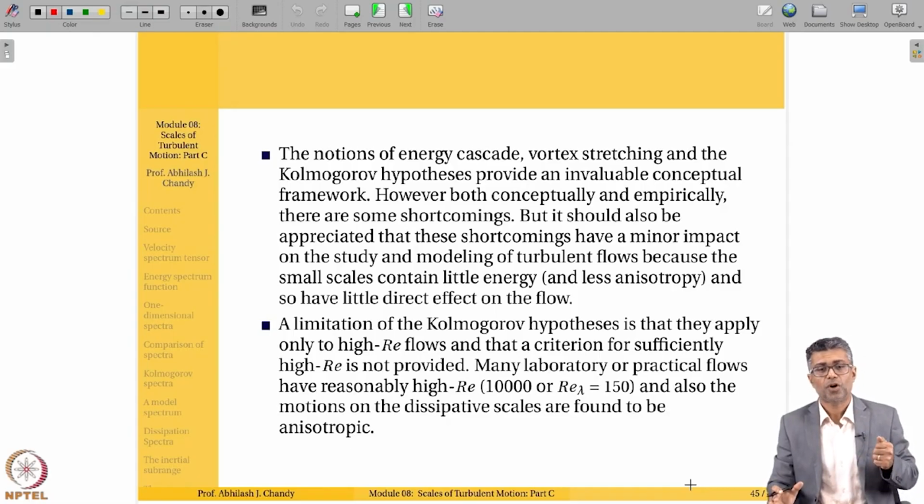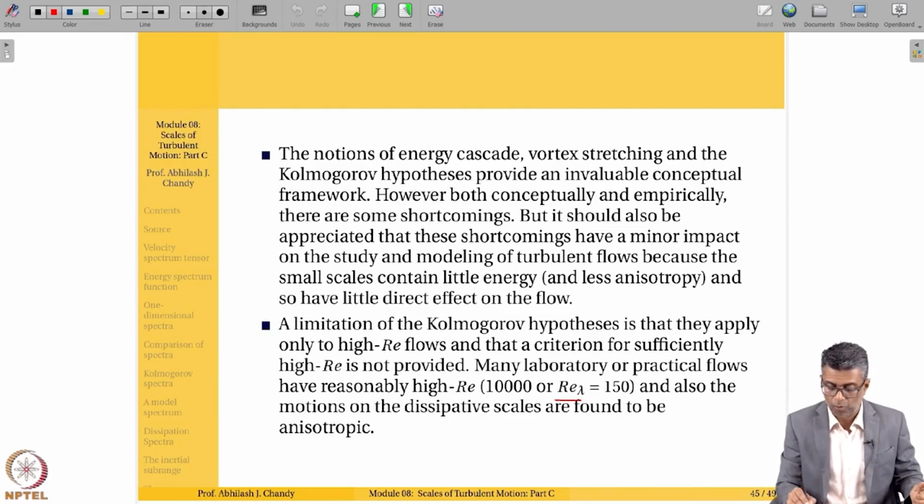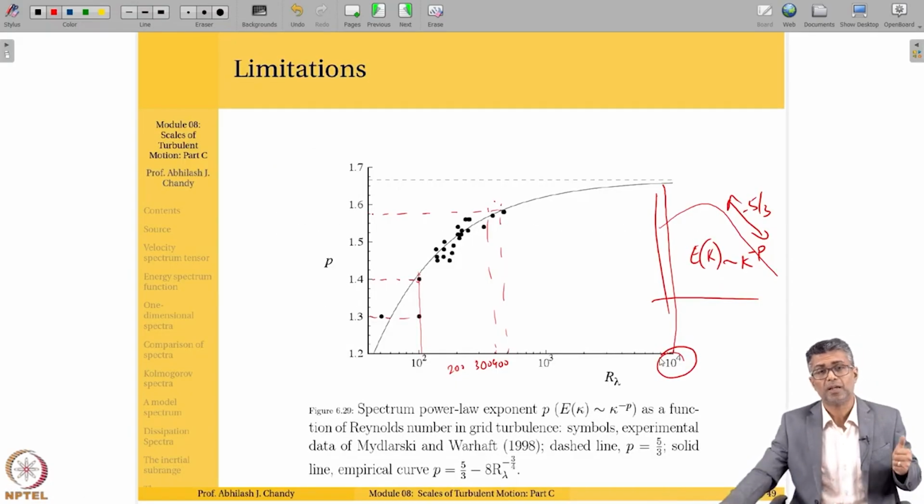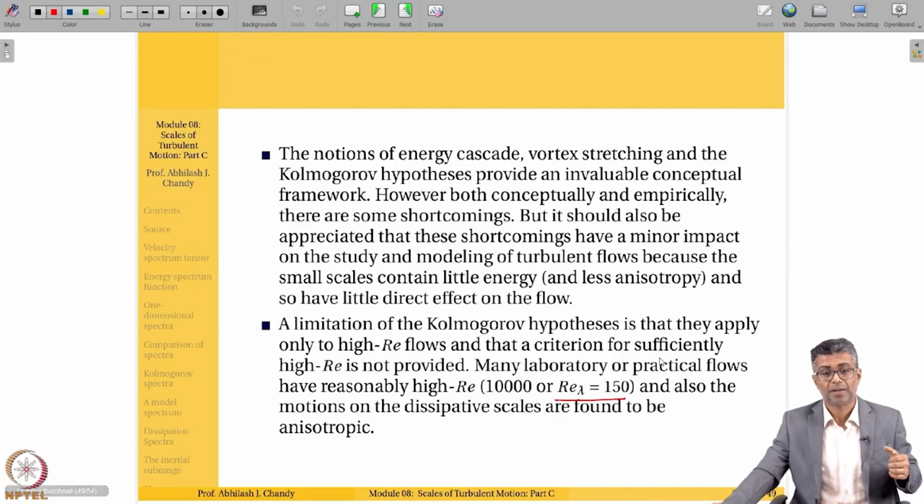So one of the limitations of the Kolmogorov hypothesis, as I was saying earlier, is that it applies only to high Reynolds number flows. But a criterion for high Reynolds number is not provided, right? For example, many laboratory or practical flows have reasonably high Reynolds number. See, this is what I was talking about earlier: R lambda of 150 is like an Re of 10,000. So R lambda of 10,000 would be an extremely high Reynolds number, and sometimes you don't even get to that Reynolds number before you apply the Kolmogorov hypothesis.